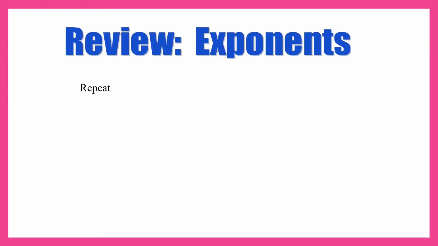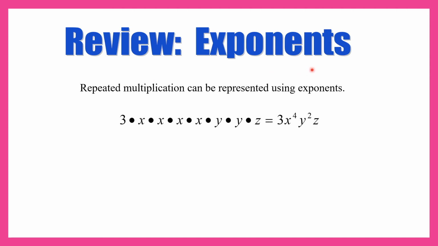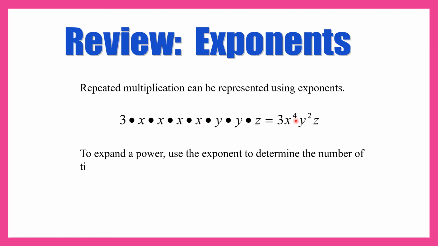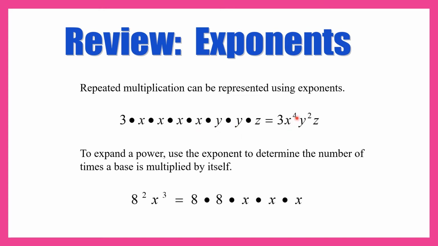Okay, now let's review the exponents. Repeated multiplication can be represented using exponents. So we have here 3, then 1, 2, 3, 4, so that's why x raised to 4. And then we have 1, 2, that's why y squared, and z.